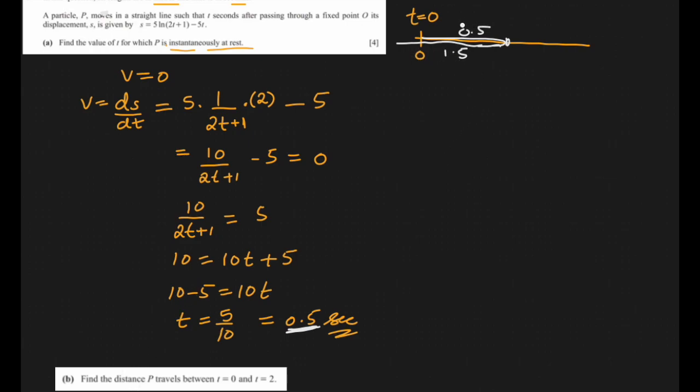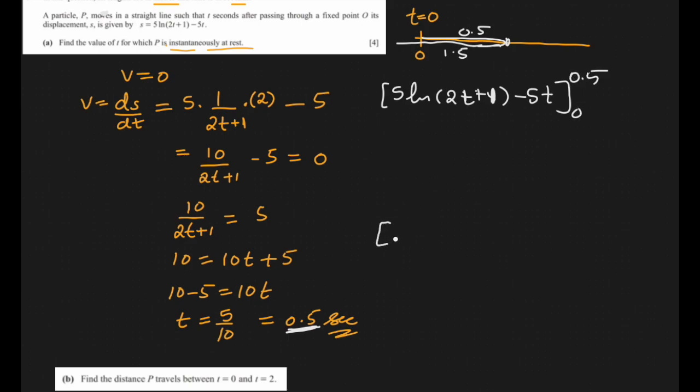So first we'll find the displacement from 0 to 0.5 and then 0.5 to 2. So 5 natural log 2t plus 1 minus 5t from 0 to 0.5.